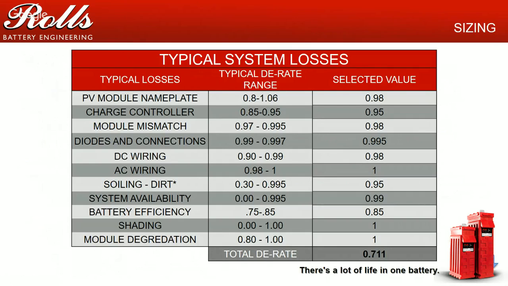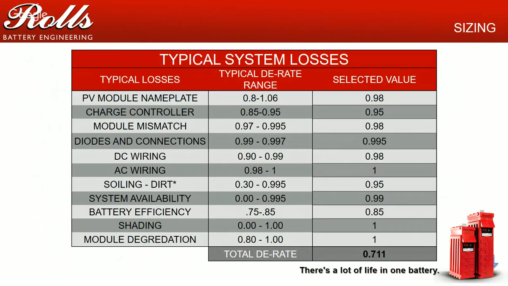Charge controllers are 80 to 95% efficient. If you've got module mismatches, you're losing a couple percent. Your connections, hopefully you're dropping less than 2%. Then the AC/DC wiring, and blocking diodes. You want to account for any kind of soiling or dirt on the panels when doing system design. Of course, battery efficiency.